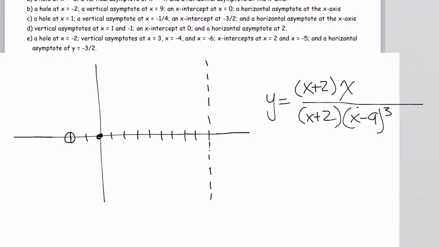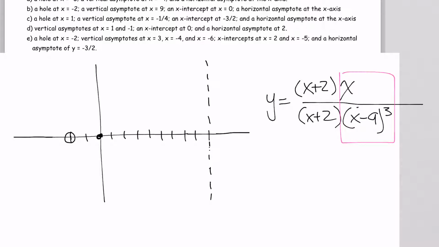So when I'm thinking about these functions, let's focus on this, because x plus 2 over x plus 2, again, not going to affect positive or negative of my graph. So I'm dealing with x over x minus 9 cubed. So what I like to do is I like to think about really big positive x values, and then I just figure out, well, is that going to make that fraction, x over x minus 9 cubed, positive or negative?